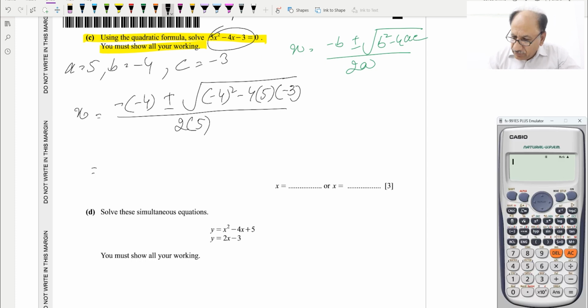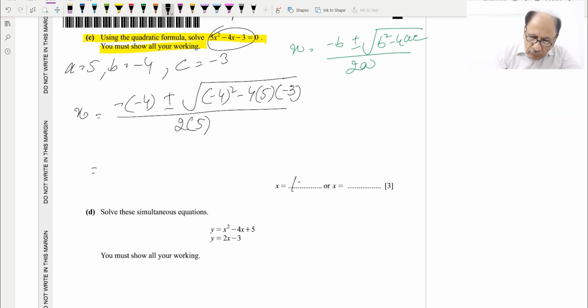So this will be fraction, minus into minus 4 bracket close, and we'll take the plus value, and later on we will be taking the negative value as well. So this will be minus 4, and this will be square, and minus 4 into 5 into minus 3, and over will be 2 into 5.